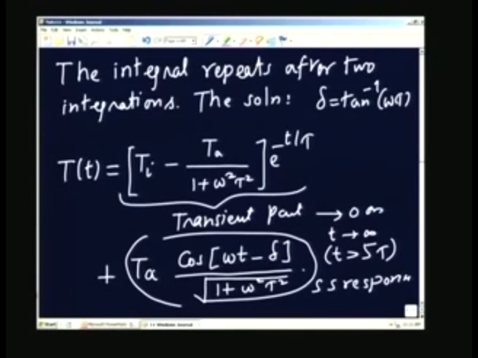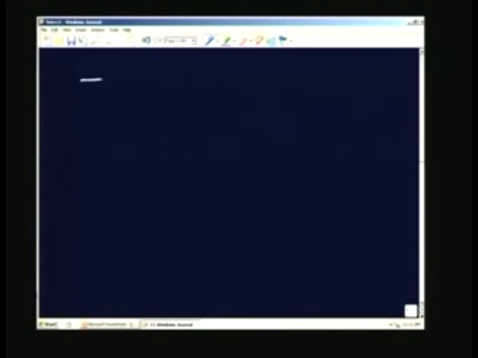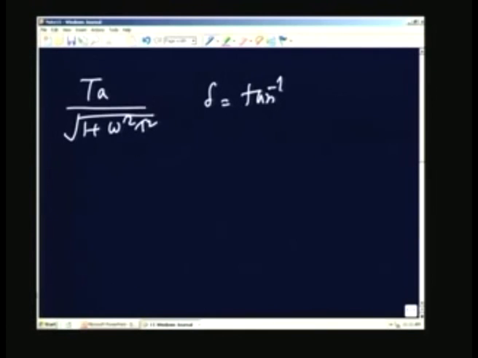Therefore, the amplitude is reduced. Therefore, we say that there is an amplitude reduction. So, T A divided by square root of 1 plus omega squared tau squared, and delta is equal to tan inverse omega tau.